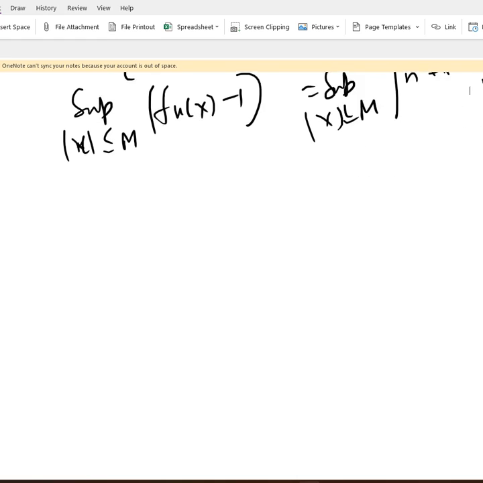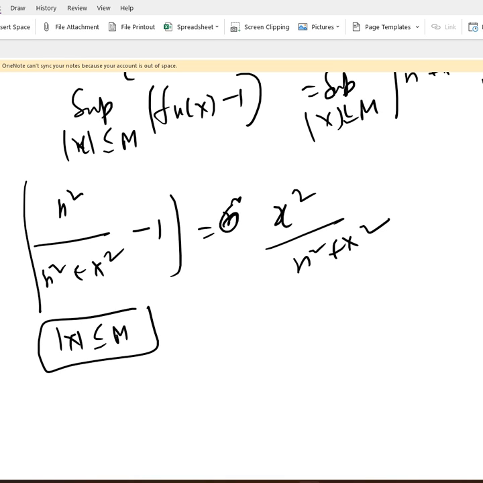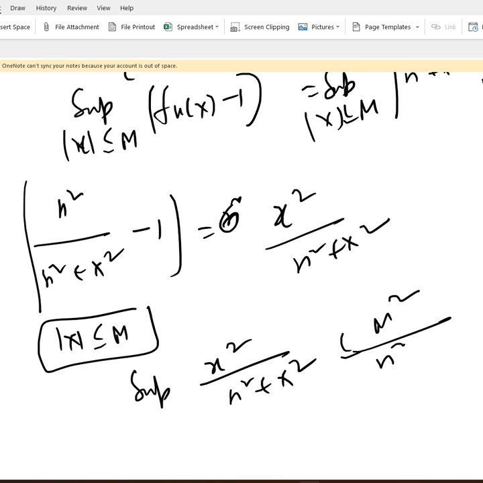Rewriting, n square plus x square minus n square gives x square over n square plus x square. Since mod x is less than or equal to m, the supremum of this is less than or equal to m square over n square plus m square.